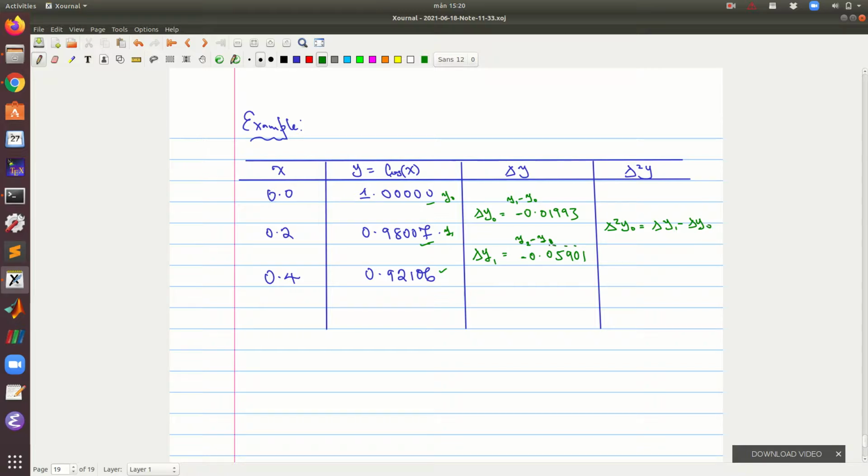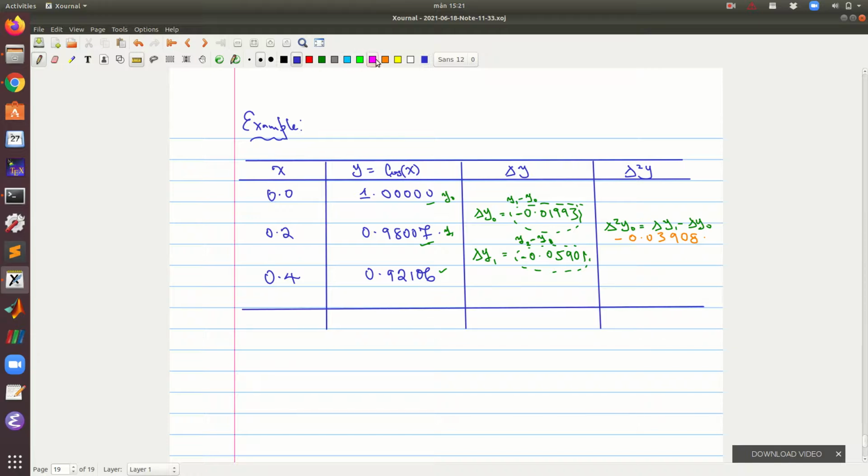So it is just this value here minus this value here, and it should give us negative 0.03908. Okay, so this is our table.